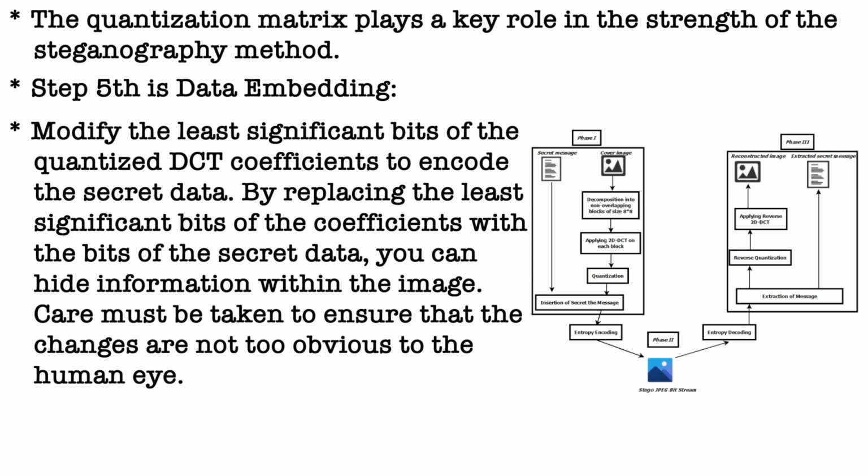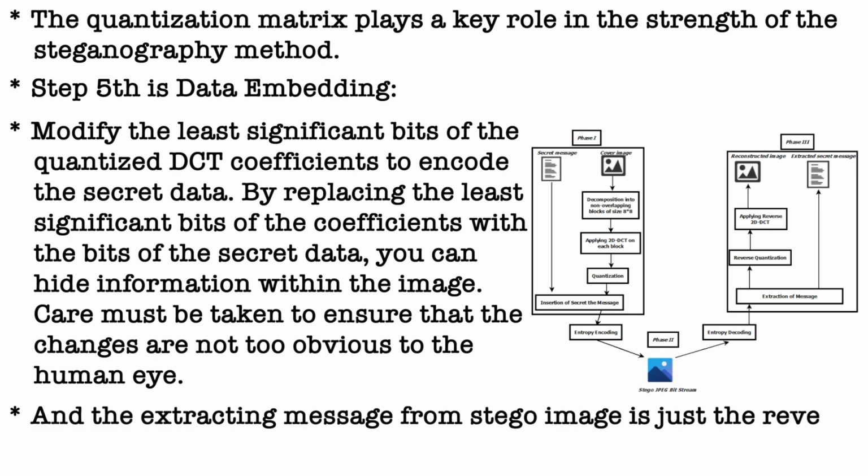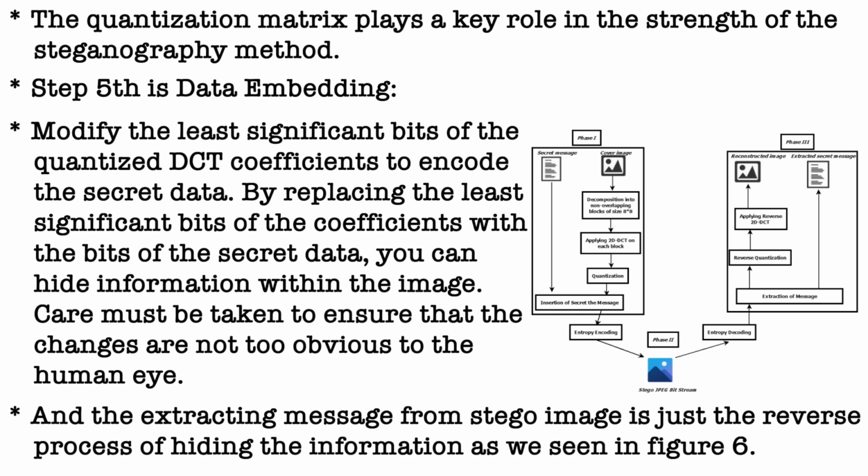Care must be taken to ensure that the changes are not too obvious to the human eye. Extracting the message from a stego image is just the reverse process of hiding the information, as we see in the figure 6.